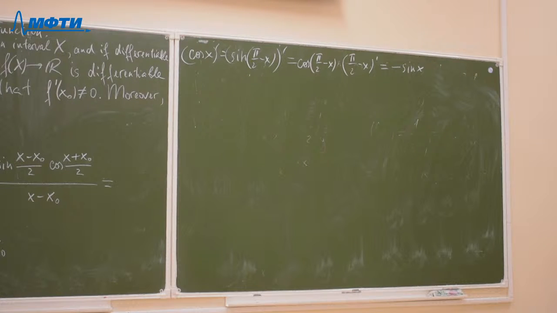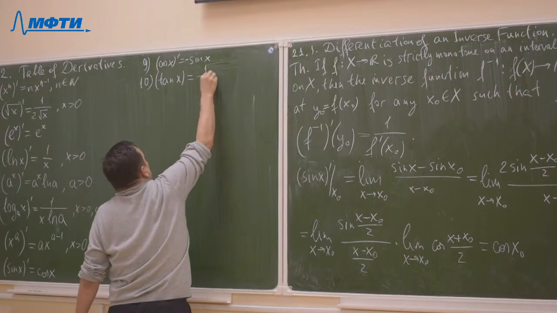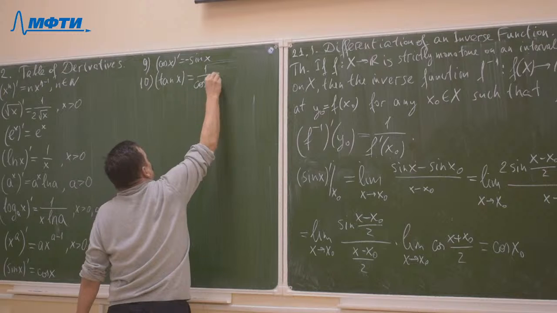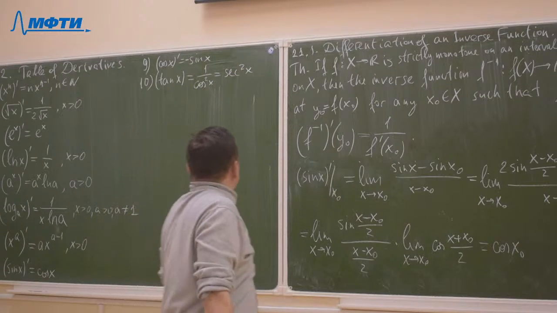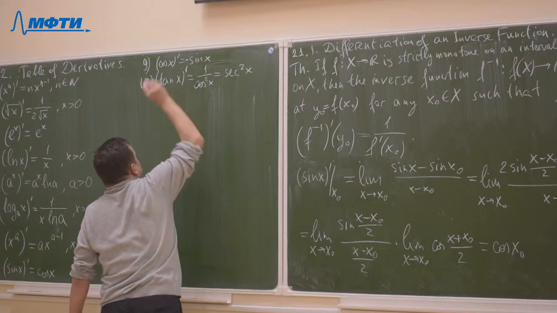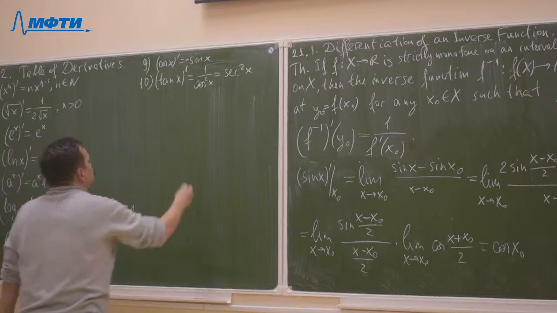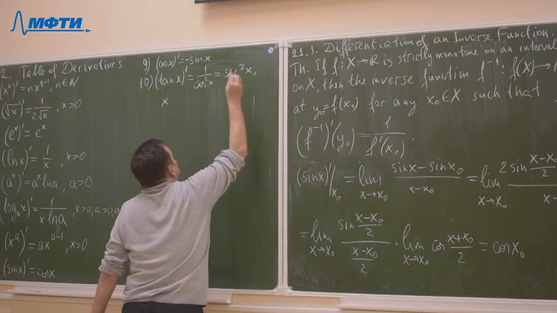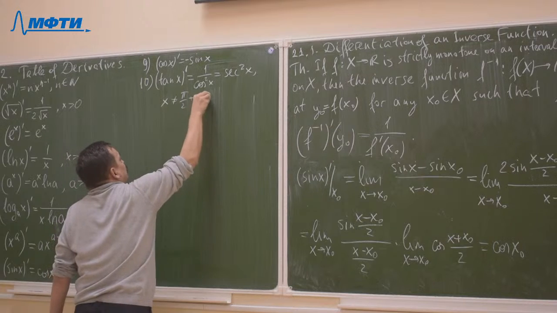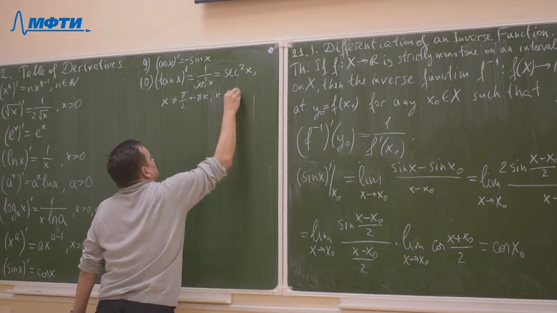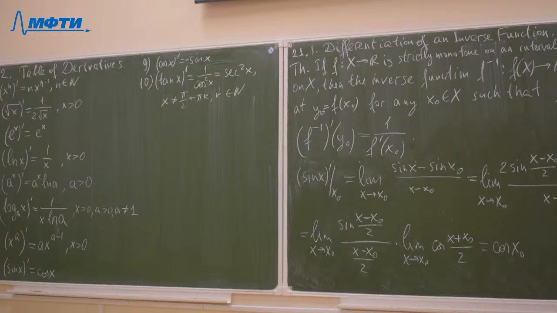Next, tan x prime is 1 over cosine squared x, or secant squared x. Here, of course, we should put a restriction: x not equal to pi over 2 plus pi k. So x should be in the domain of tan.